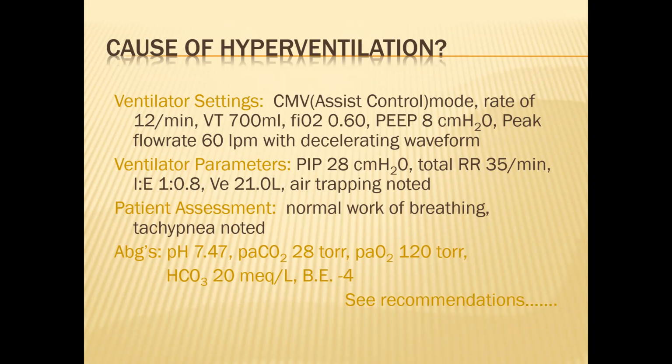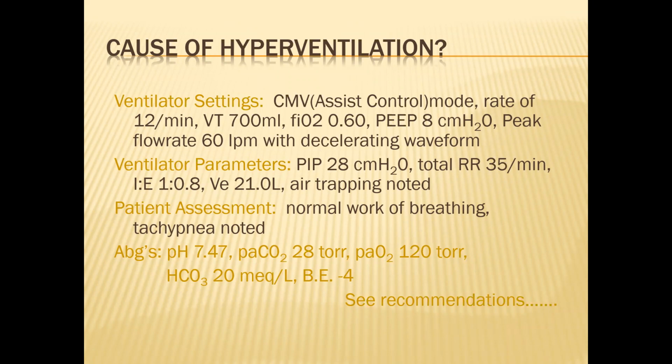Yeah, could there be a leak somewhere causing extra breaths to be delivered? Judging from the blood gas, yes, because the patient doesn't need to have a CO2 of 28 and an alkalotic pH. So anytime you see a respiratory alkalosis, always keep that in the back of your mind, that you want to check the circuit, you want to check your cuff leak, and you want to check your sensitivity setting.